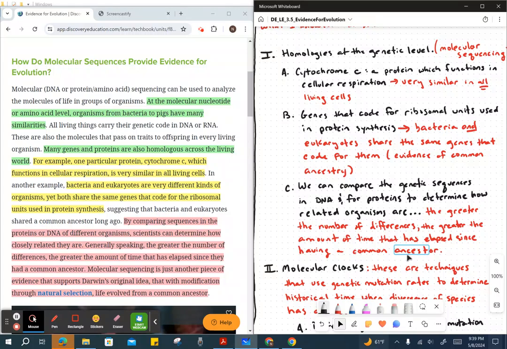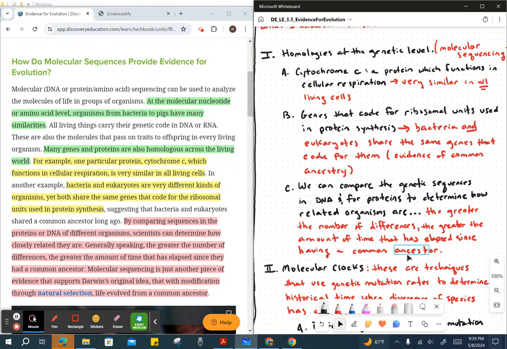You have very few mutations between you and the other organism. If, on the other hand, you're comparing a stretch of DNA, and you see that there are quite a few mutations that have occurred, then you can infer that a relatively long period of time has probably occurred since you both had that last common ancestor.